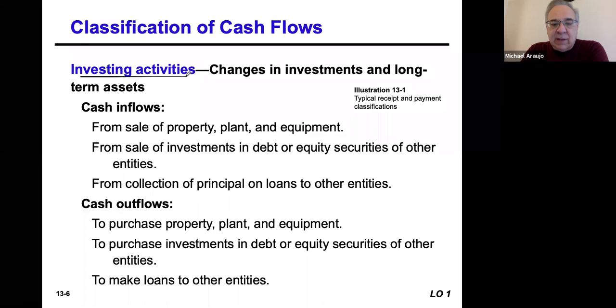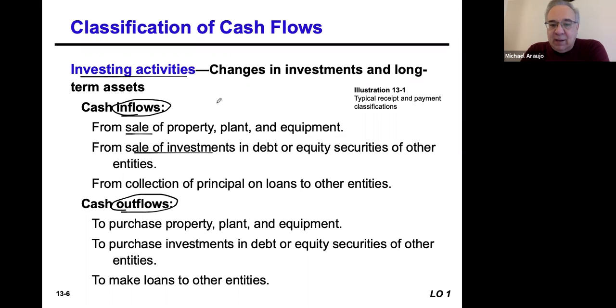The investing activities, again, cash coming in, cash going out. You'll see that there are differences here. Every time they sell property, plant, and equipment, they're going to be collecting cash for the sale. The proceeds coming in are going to be cash, so that's an inflow. If they sell any investments that the company might own, that's going to be cash coming in.